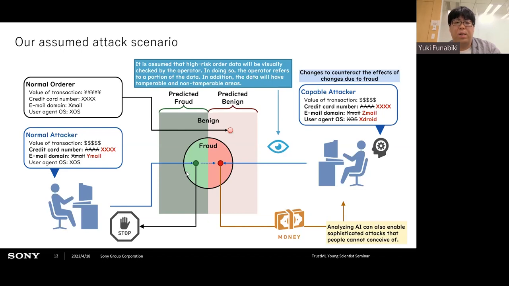It means there is some wrong behavior of the model. So the capable attacker can try to deceive both the model and the human eye. This is our attack scenario.